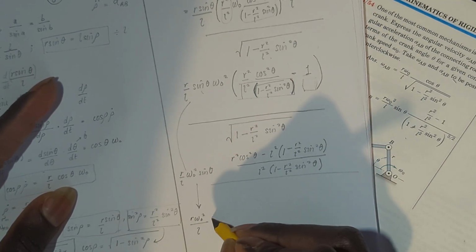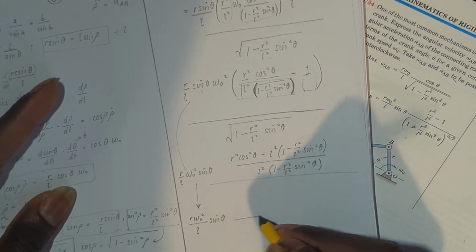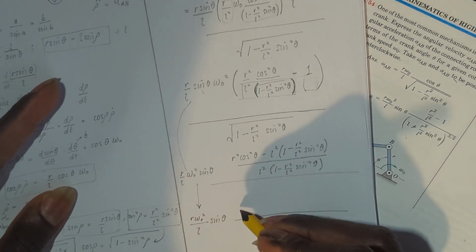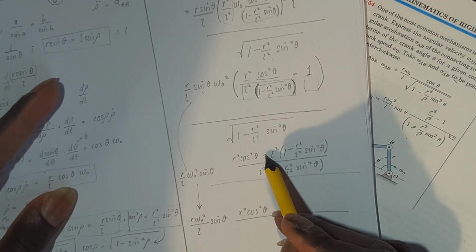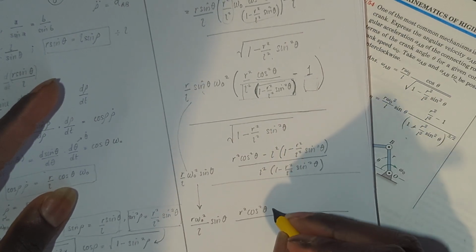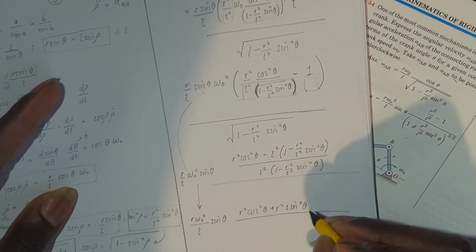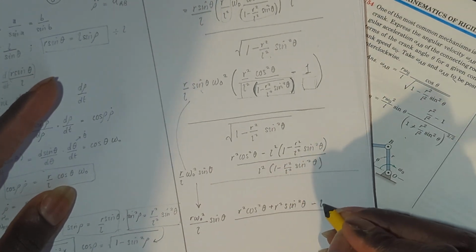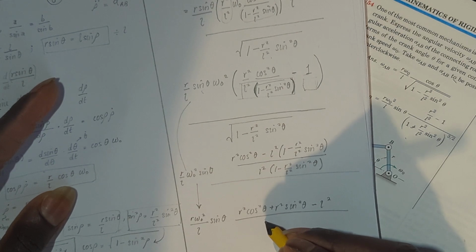So r over L sine theta times what? Now, this is r squared cos squared theta. This right here is minus L squared times minus. This L squared will cancel this. These negatives cancel to give you plus r squared sine squared theta. Now minus L squared. Right? Now divided by L squared.